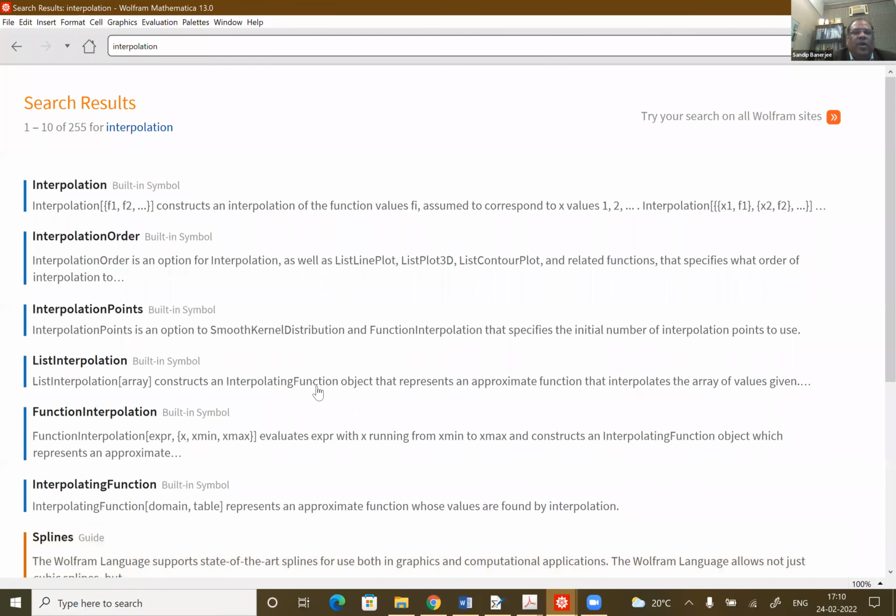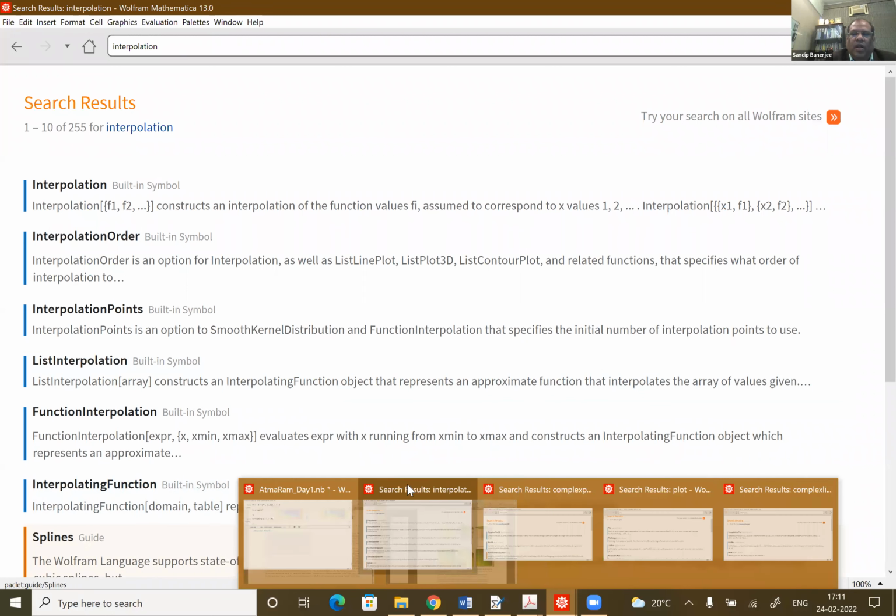So you have an interpolation, but the one which you want actually is the interpolating function. Let me see.